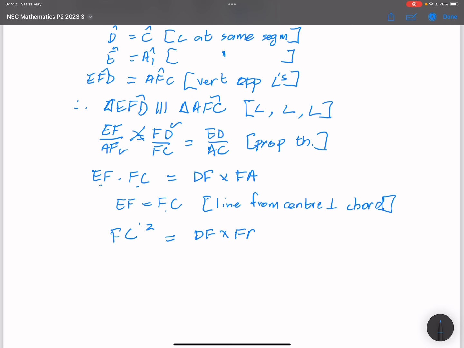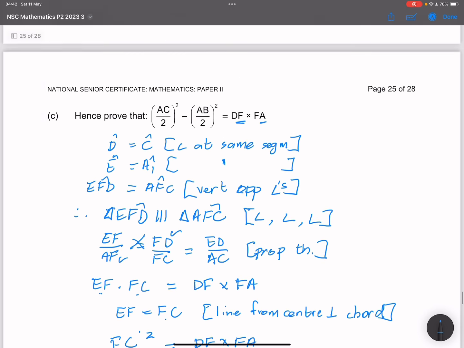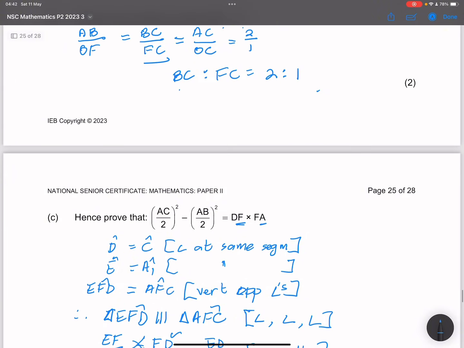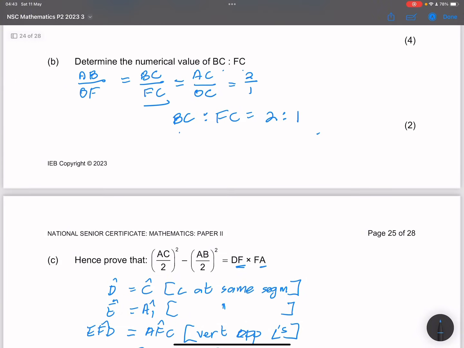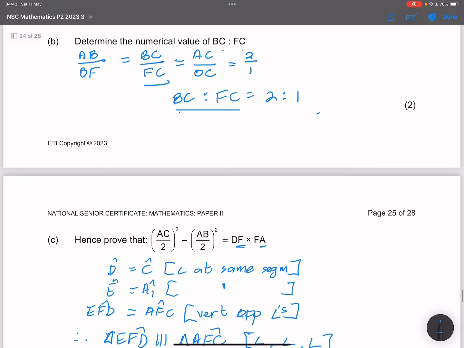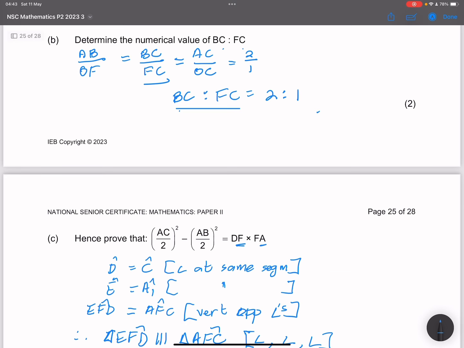All right, now remember, we already have a relationship with FC to BC, which was this over here. So we remember that in this case, it means that BC is 2 times FC. So there we go there.